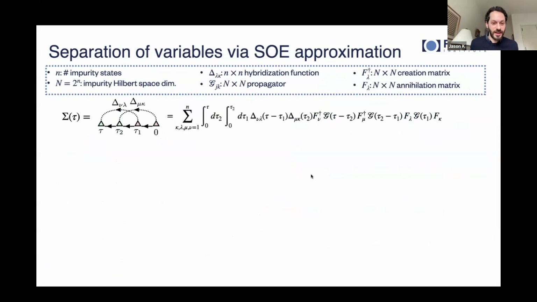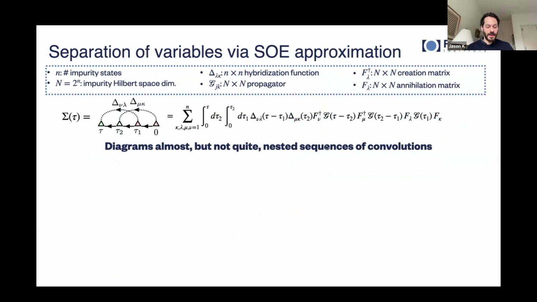How are we going to do that? We go back to our sum of exponentials. So here's our diagram. The point we're going to observe is that these diagrams look almost, but not quite, like nested sequences of convolutions. What do I mean by that? If this hybridization, delta of tau minus tau 1, wasn't here, then we could take this tau 1 integral and move it inside, and really this wouldn't be a double integral.